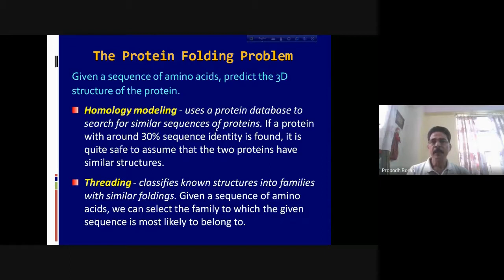Okay, so now if two different proteins are having very high level of sequence similarity, they are homologous for most of the length, then we can assume that they are also functionally similar.